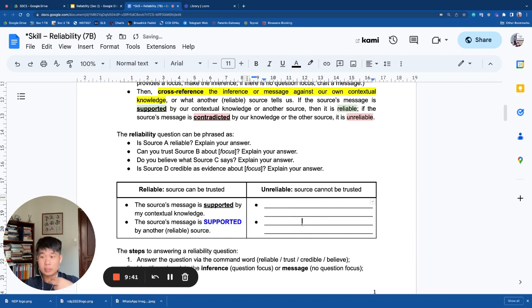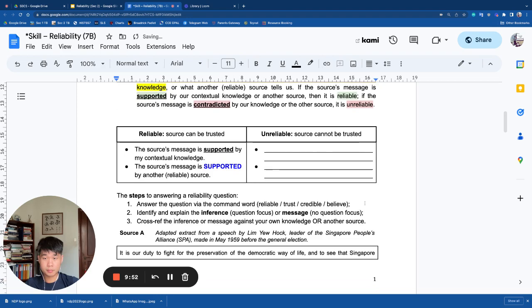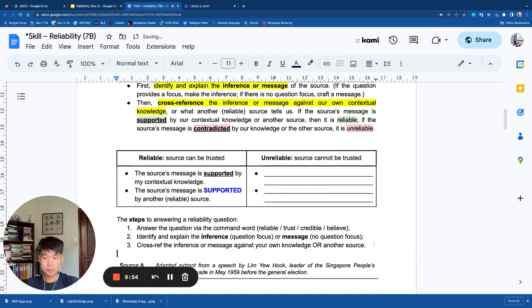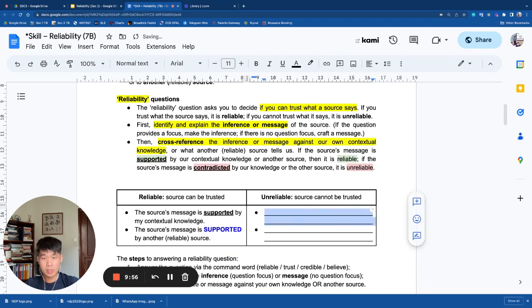So can you pause the video and fill in this box on the right by yourself? I think you have figured it out.